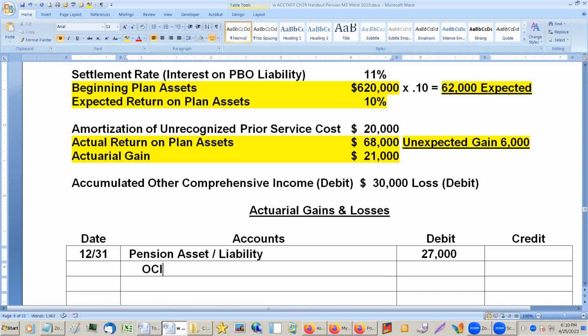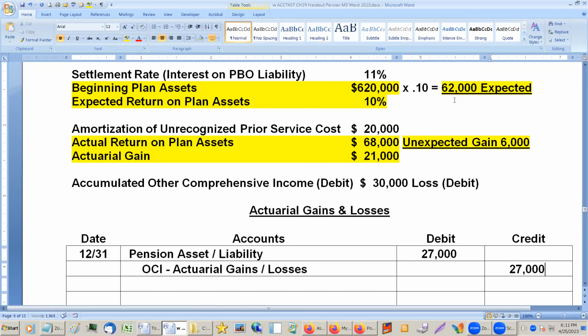Other comprehensive income. This situation, it's a gain of 27,000.